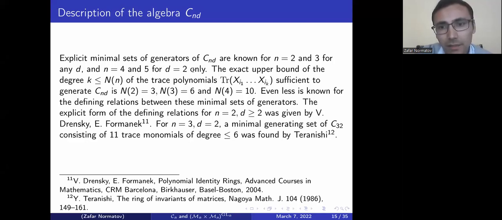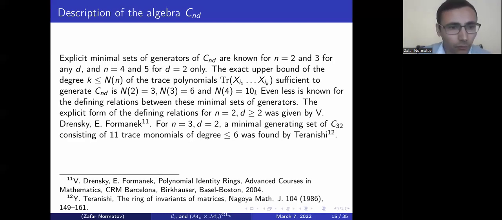The exact upper bound of the degree of trace polynomials sufficient to generate C_{n,d} is equal to 3 for n equals 2. For n equals 3 it is equal to 6, and for n equals 4 it is equal to 10.